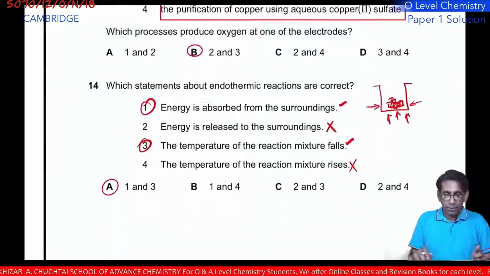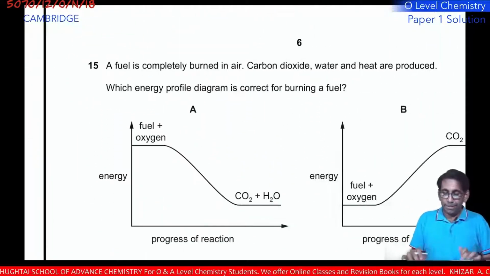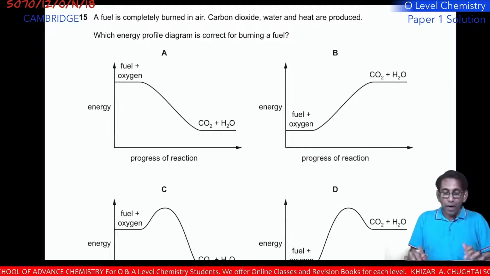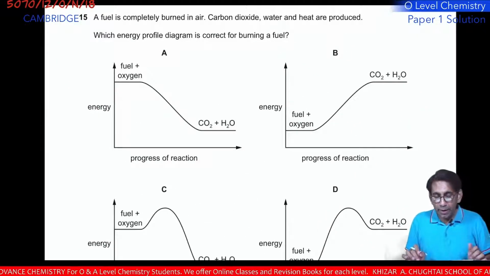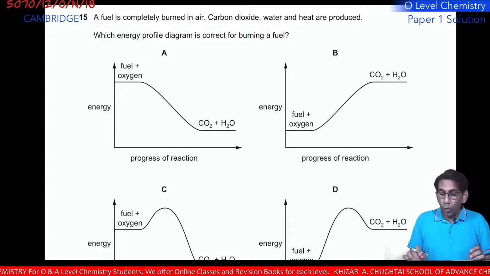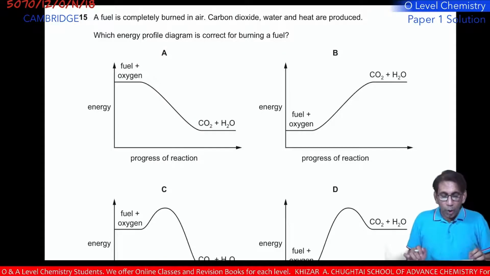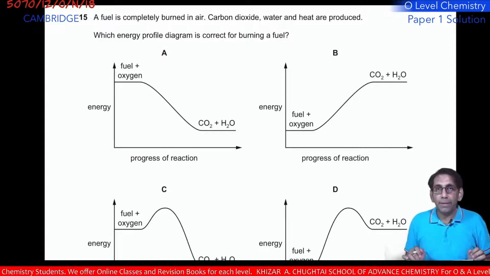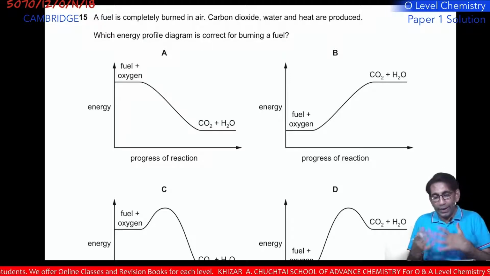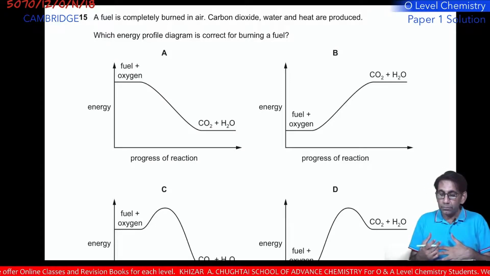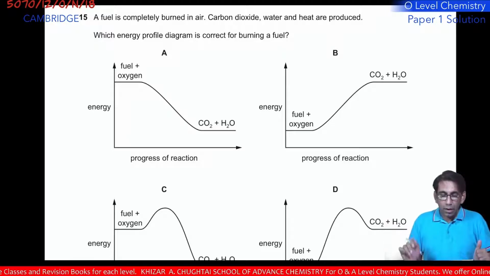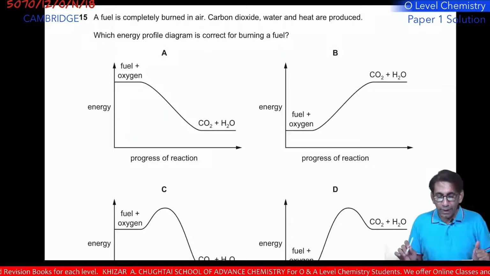Question number 15. A fuel is completely burned in the air. Carbon dioxide, water and heat are produced. Which energy profile diagram is correct for burning a fuel?